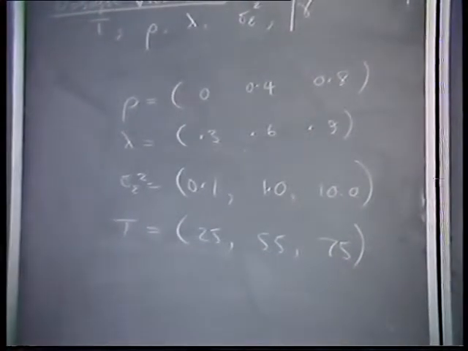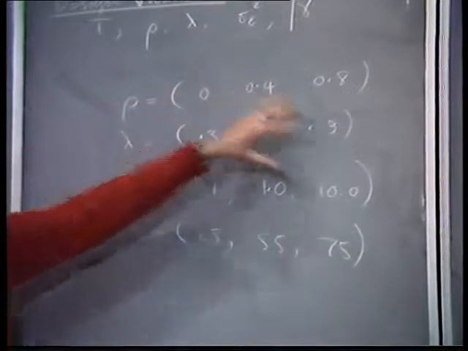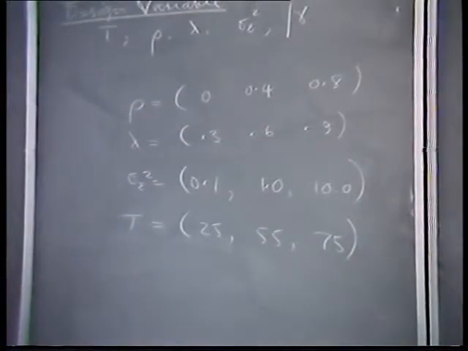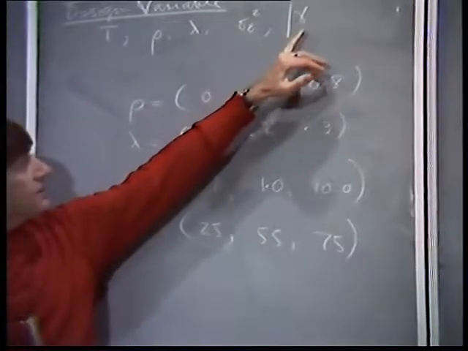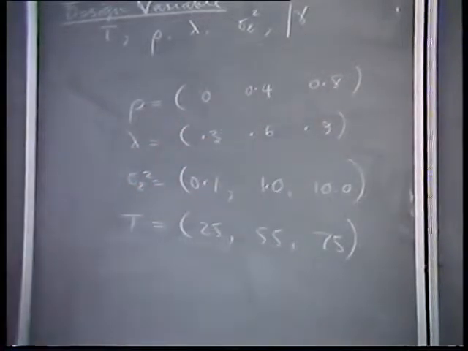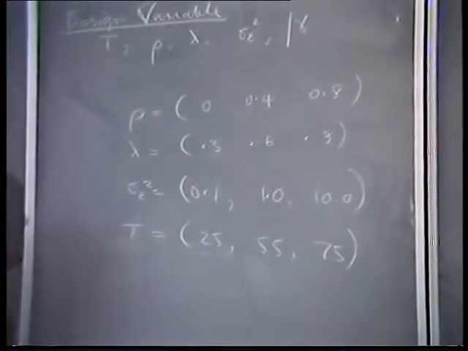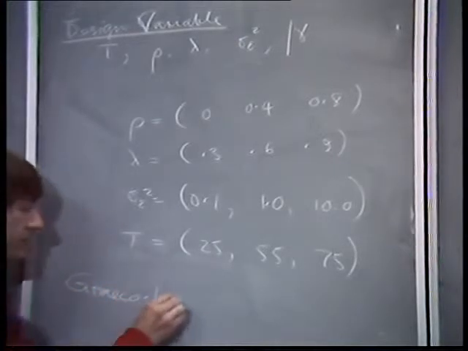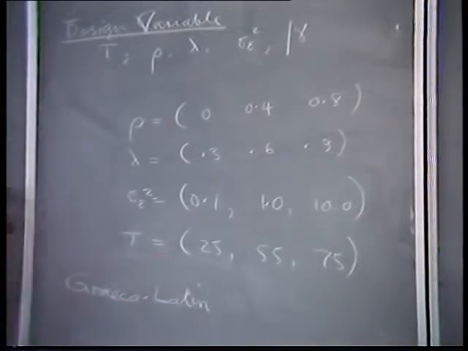Now we come to the usual problem. If we were to consider all possible combinations of these values for the design variables, and in addition consider variations in gamma, then we get far too many experiments. So at this stage what we do is to use the Greco-Latin square design for these 4 variables.